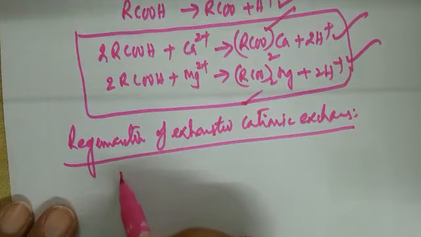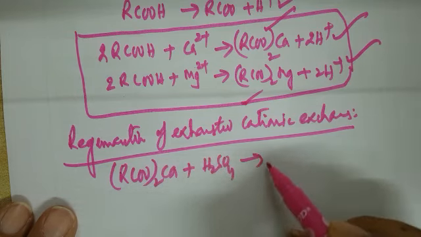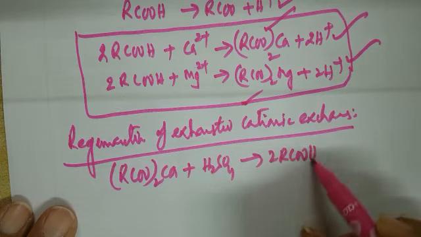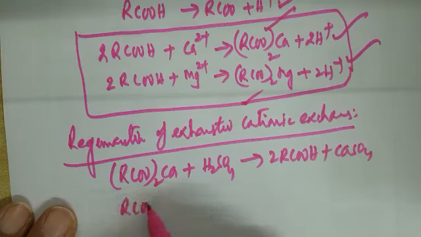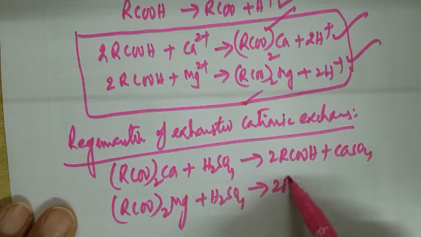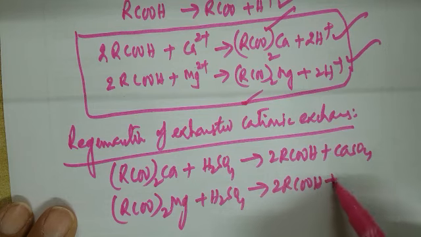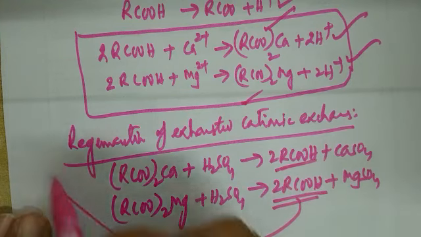You can write the reaction: (RCOO)2Ca reacts with concentrated sulfuric acid to give 2RCOOH plus CaSO4. Similarly, (RCOO)2Mg plus H2SO4 gives 2RCOOH plus MgSO4.